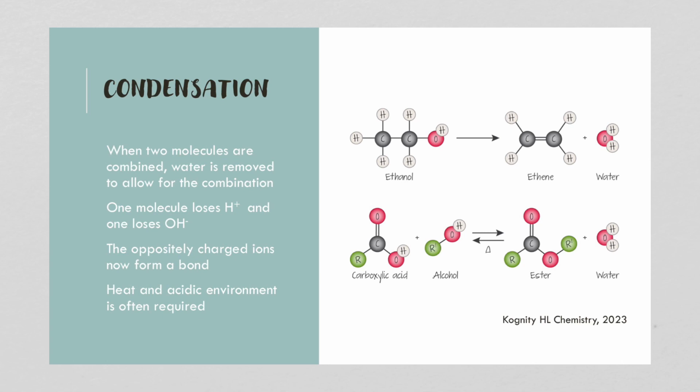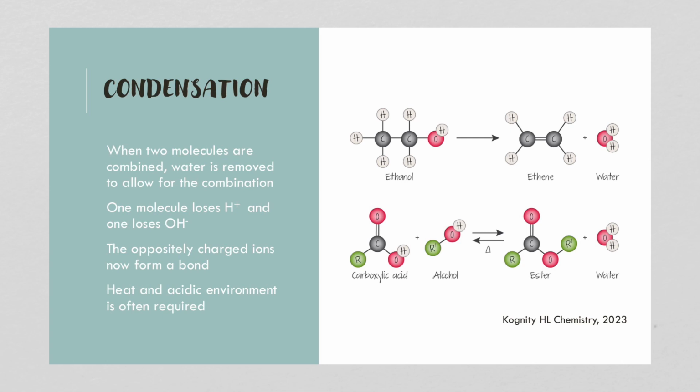That's a condensation reaction. Or if you take a carboxylic acid and an alcohol, you can take off the hydrogen and the hydroxyl, and then it forms an ester plus water. So one molecule will lose hydrogen and one will lose hydroxide in that example.